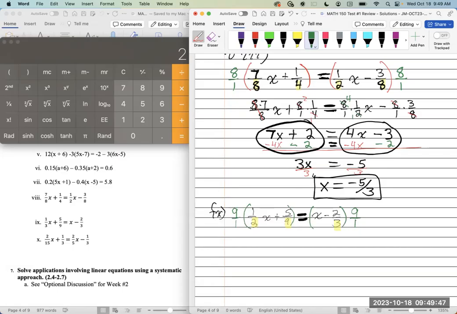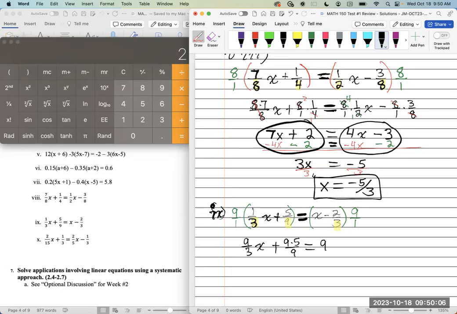I'm writing my value of 9 as 9/1 because I think it's easier to multiply fractions by fractions rather than fractions by integers. So this becomes 9/3 x plus 9 times 5/9.